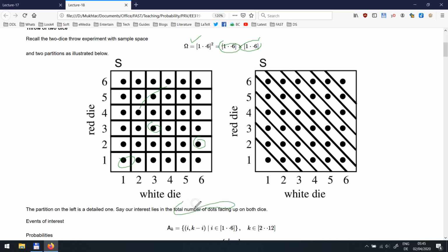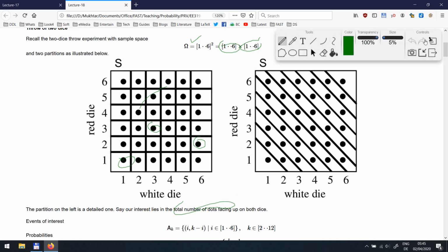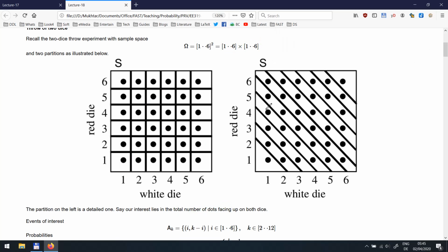Total number of dots facing up on both dice. So what will I do then? I will partition this sample space of 36 elements in such a way that in each subset all the outcomes correspond to the same total number of dots.